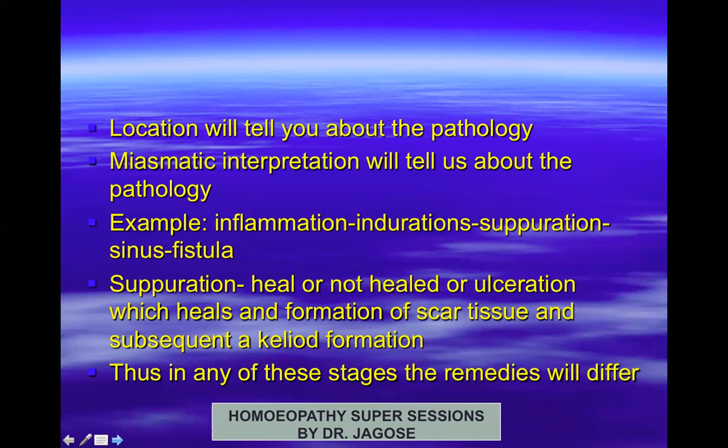That is in the first column. When you analyze the case, the first column will be, for example, bronchial asthma, location will be the respiratory system. The miasmatic interpretation will tell us about the pathology. So whatever expressions the patient is telling you, these expressions can also be converted into the miasmatic background.